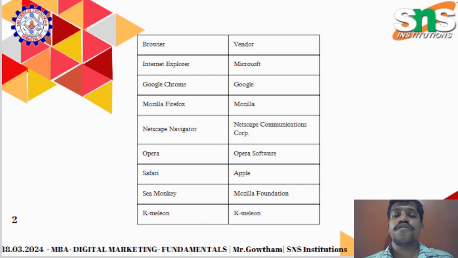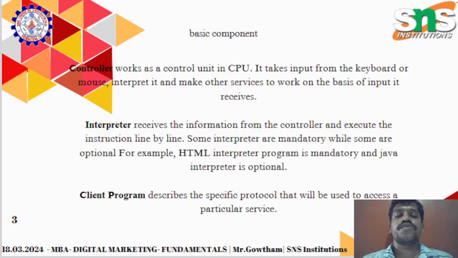Then Mozilla Firefox, Netscape Navigator, Opera, Safari, and others. These are the browsers currently used over the world. These are the companies that organized, developed, and launched them, and finally we use them.